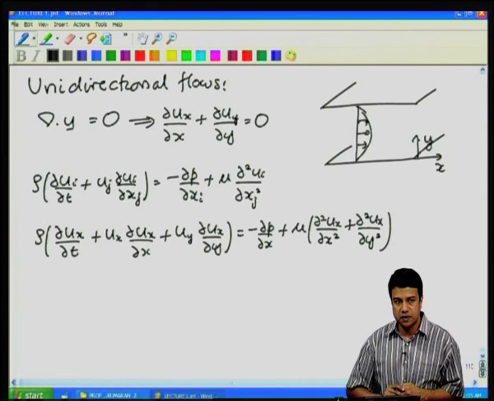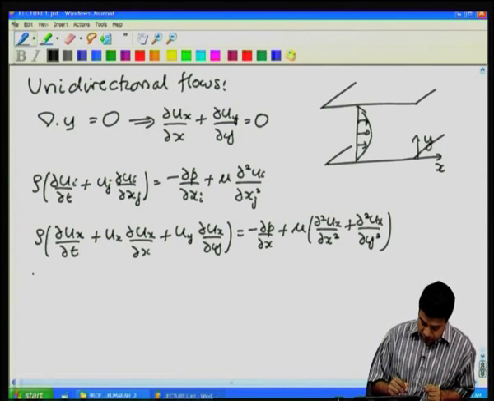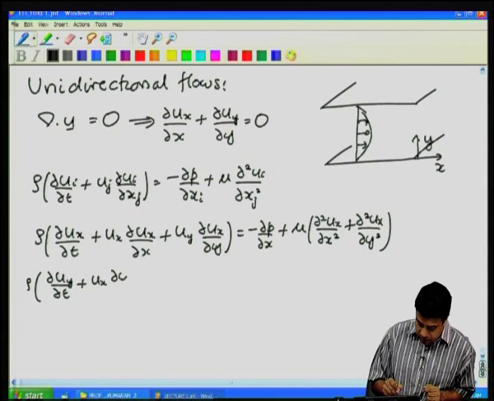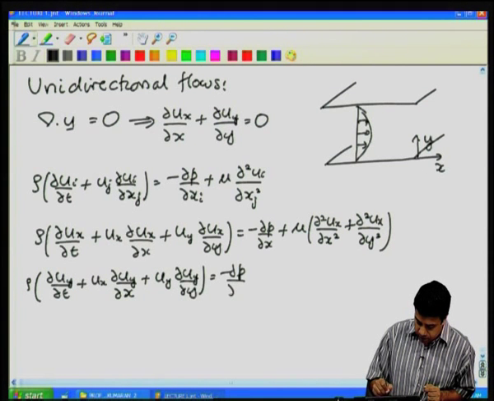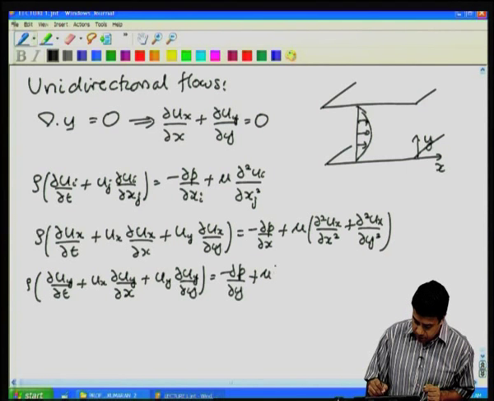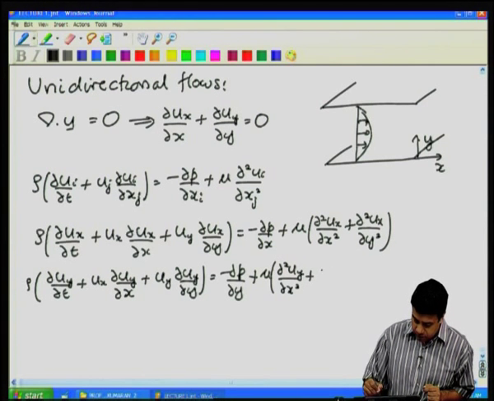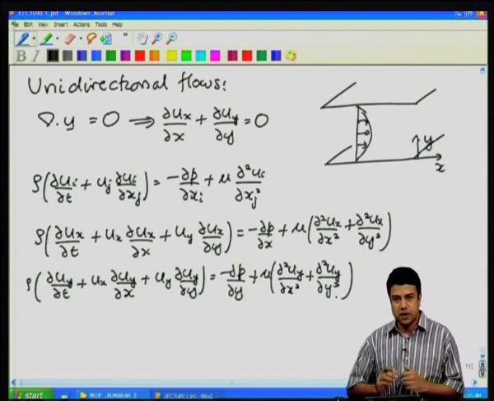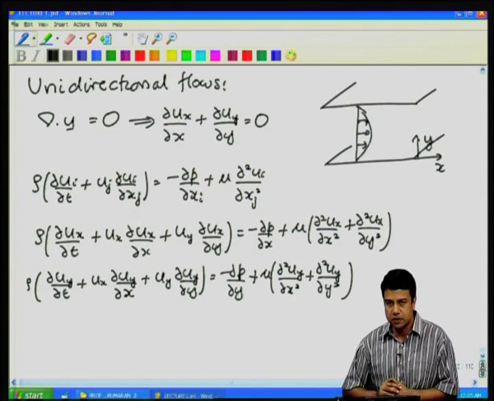Similar equation can be written for the y direction. So, rho times partial u y by partial t plus u x partial u y. There is the complete momentum conservation equation in the y direction.